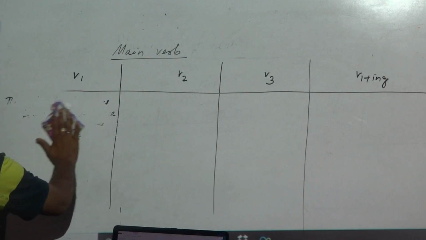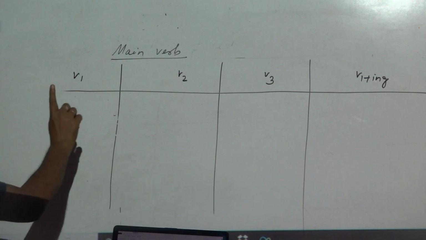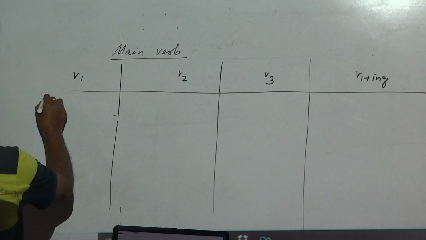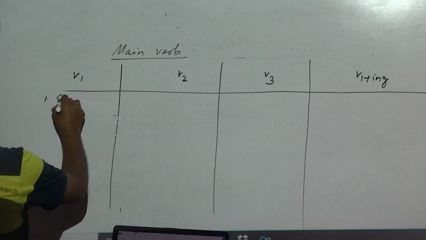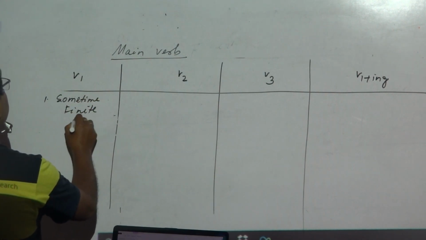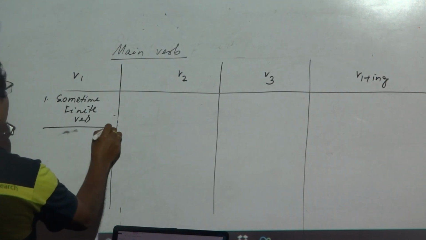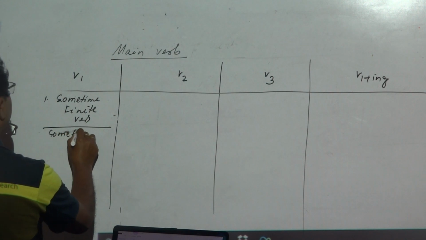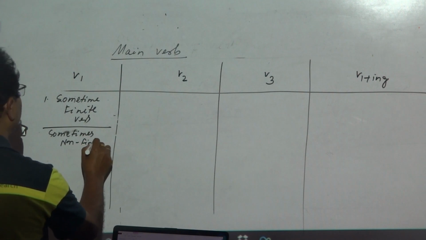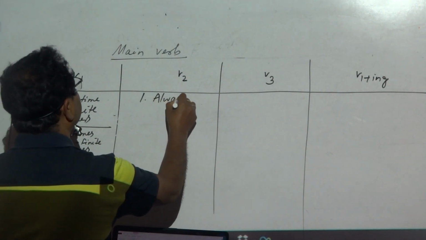From this idea of the finite verb and non-finite verb, we will go through these four verbs: V1, V2, V3, V1 ing. This verb is sometimes finite verb and sometimes non-finite verb. This verb is always finite.